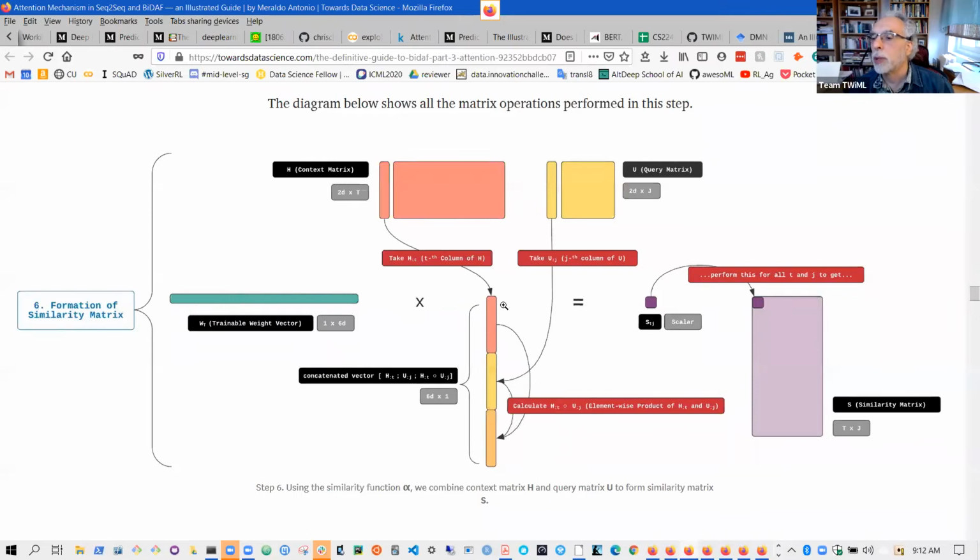We don't know these weights, but we know that their dot product is supposed to be the Sij. We know the answer to the question, so we train our network to give us the weights that give us the answer to the question. I guess that's the simple way to say it, right? We train a network based on the answer to the question to give us these weight elements.